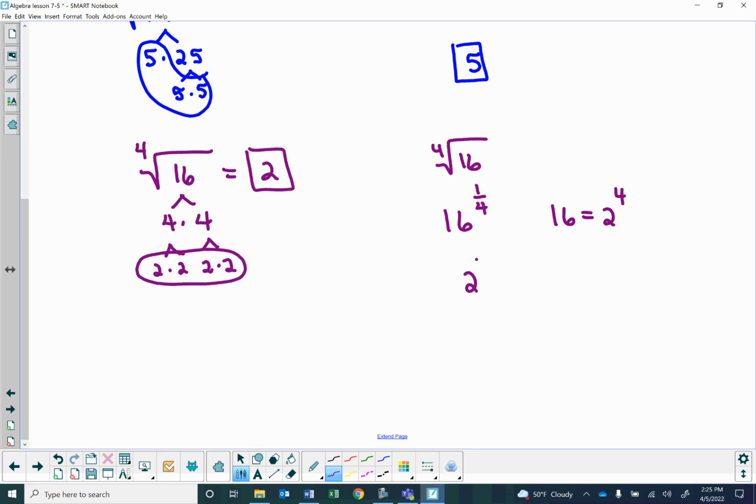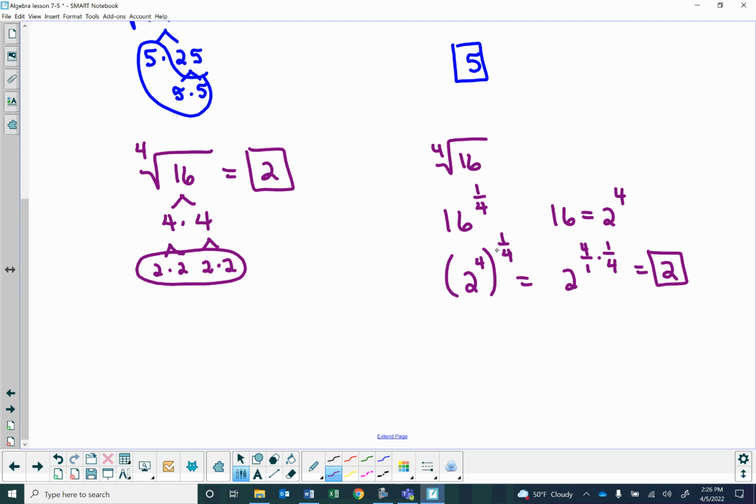So I'm taking 2 to the 4th raised to the 1/4, because 2 to the 4th is equal to 16. Remember, a power raised to a power is multiplied, so that becomes 2 to the 4 over 1 times 1 over 4, which is just 2. Notice I get the same answer using either method. Whatever method makes more sense to you is the method I would definitely work with.